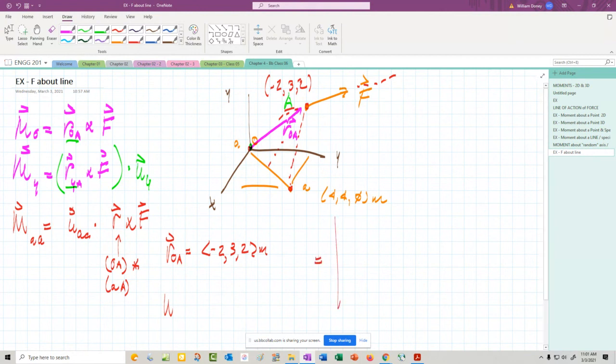What we're trying to build here is we want to put the unit vector of AA. Here's a position vector. It goes from that line to the force. So we're going to put ROA. And then here is the force. So we can put ROA in here.